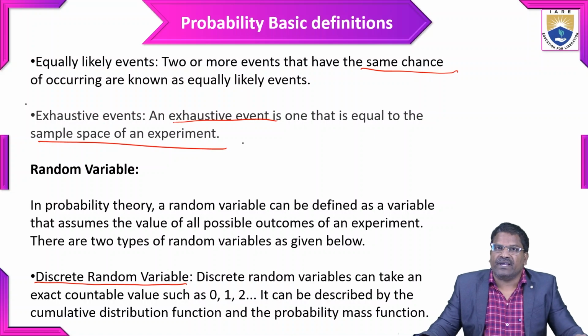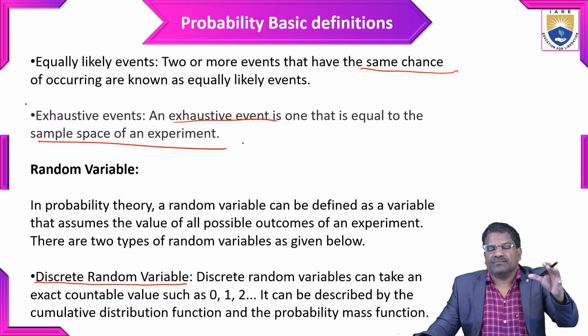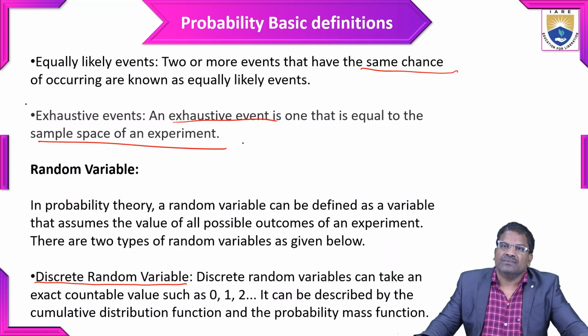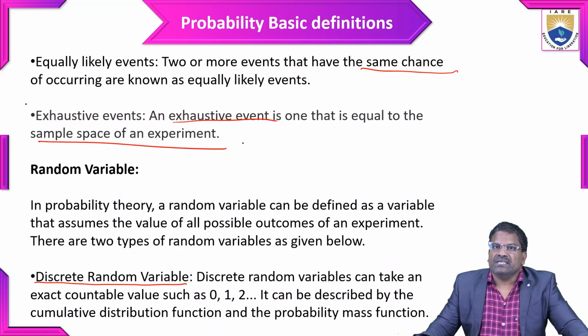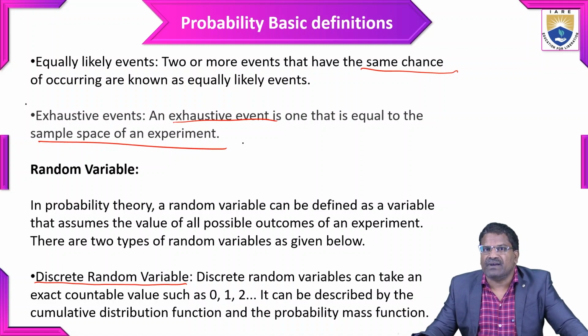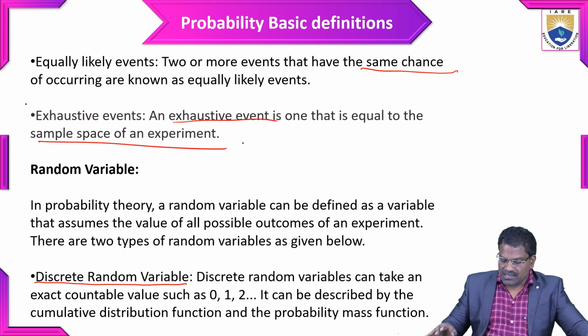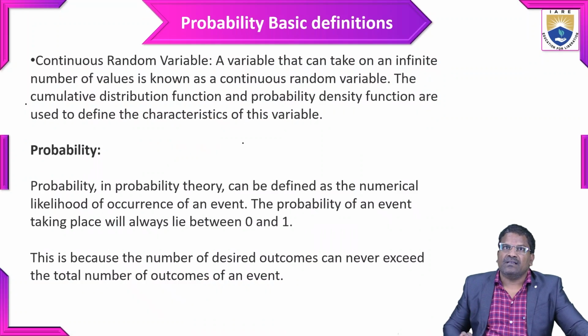A discrete random variable gives a specific numerical value, a unique value. So it is a specified value. This discrete random variable always gives us a specific numerical value.